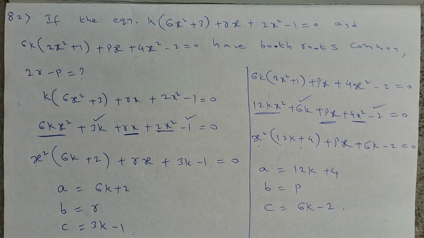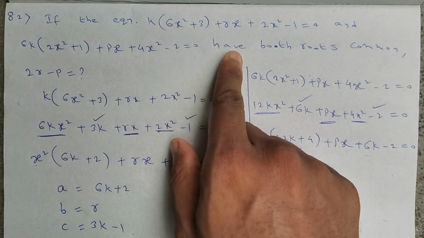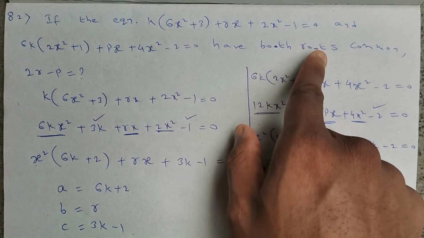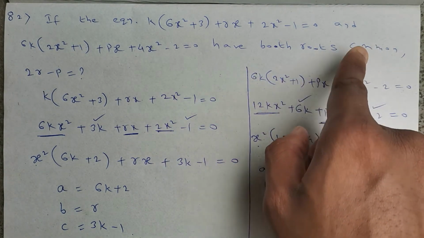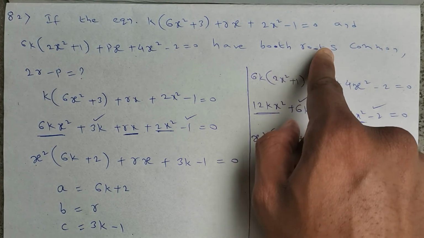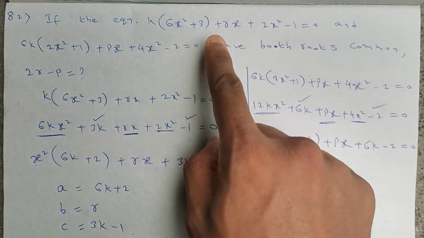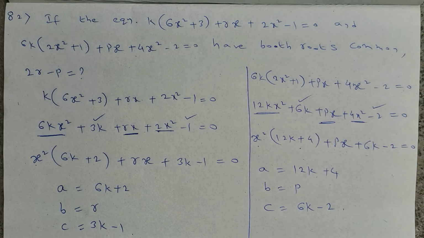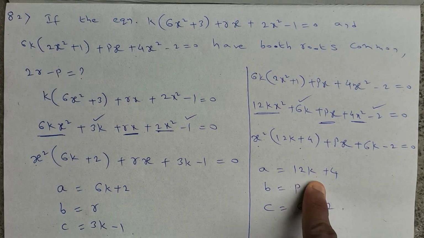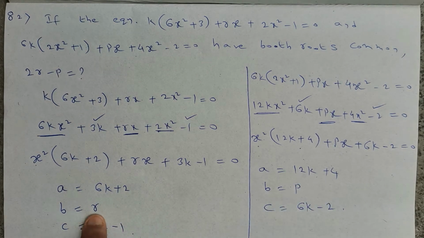From the given two equations I found the a value, b value and c value for both the equations, and he mentioned clearly that these two equations are having roots common, that too both the roots are common for both the equations. So what is the formula for that? a1 divided by a2 is equals to b1 divided by b2 is equals to c1 divided by c2.